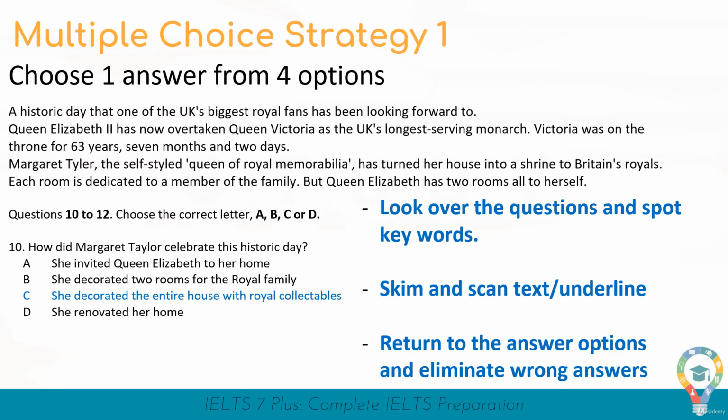But that's not all that it talks about. C, she decorated the entire house with royal collectibles is the right answer. Collectibles is a synonym for memorabilia, so I can find that in the text and quickly answer this question.